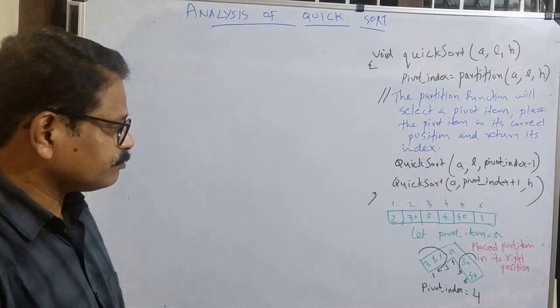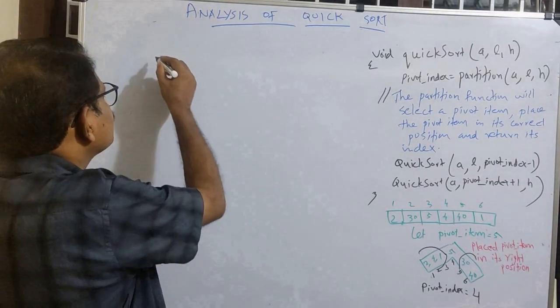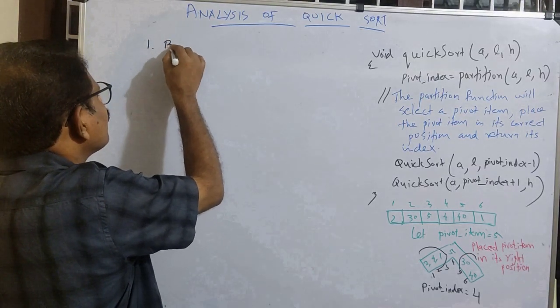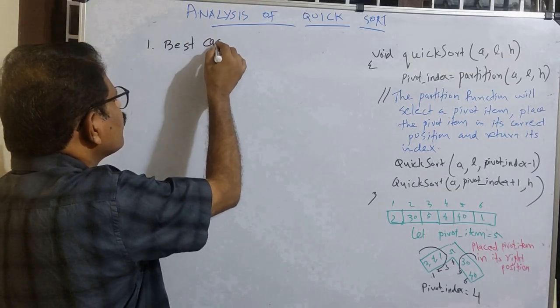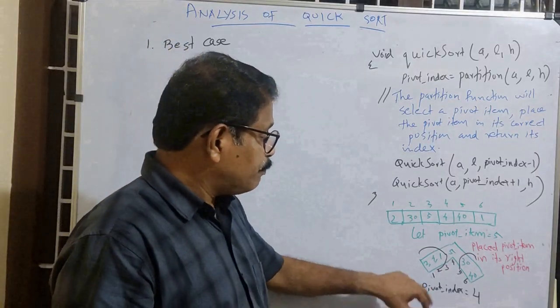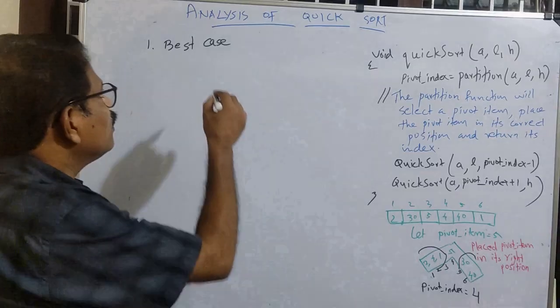This analysis has 3 cases. First one, the best case. We have already said the pivot item will divide the array into 2.